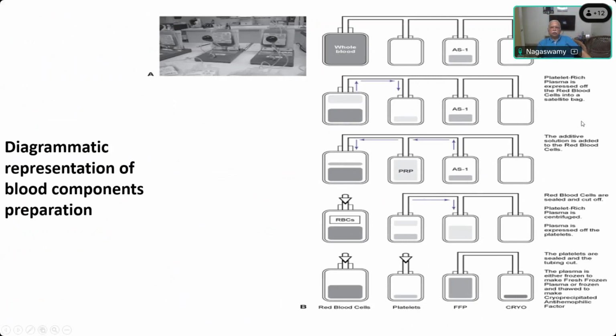So diagrammatic representation, this is what happens. This is what I told you. This is called the satellite bags.